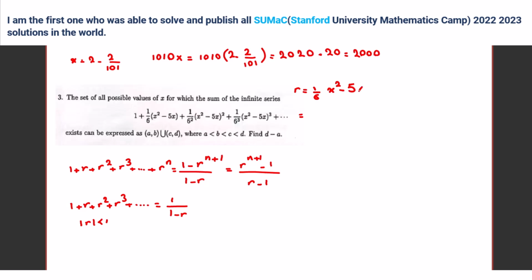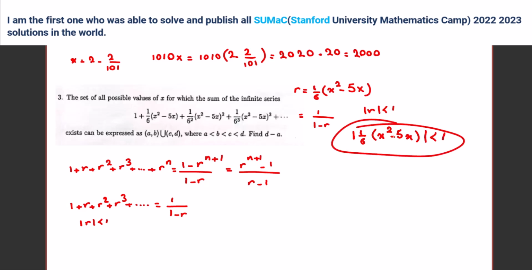Now, do you want to try the rest on your own or one more hint? Could I have more? Because I already wrote down. So we can say this 1 over 1 minus r, and we said absolute value of r should be less than 1, right? So it means that the absolute value of 1 over 6 times x squared minus 5x should be less than 1. You should focus on this part.